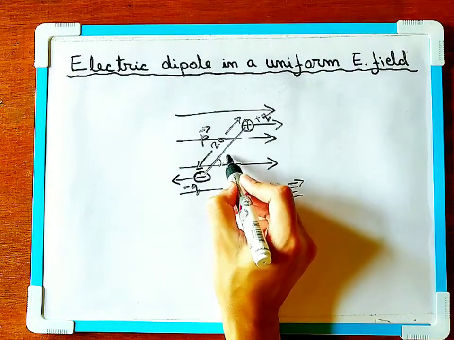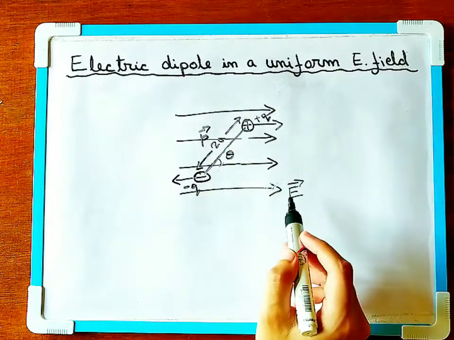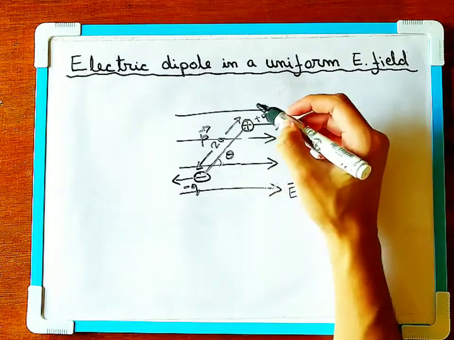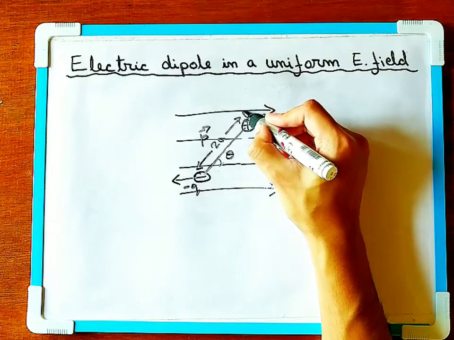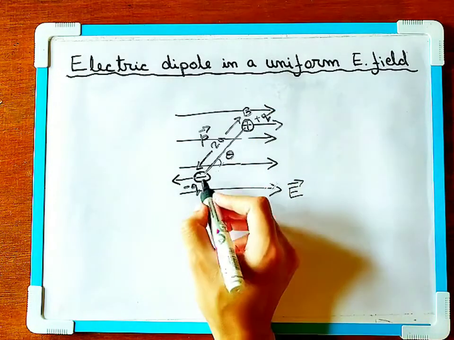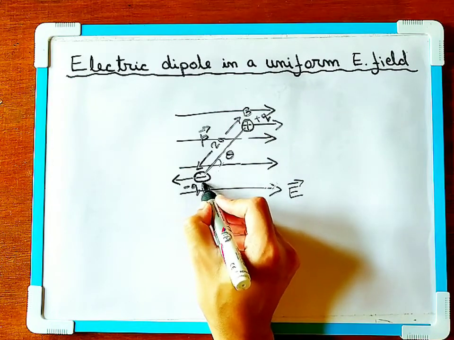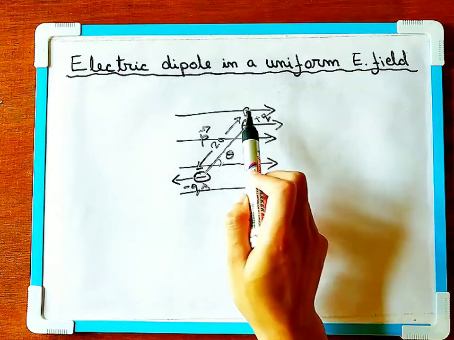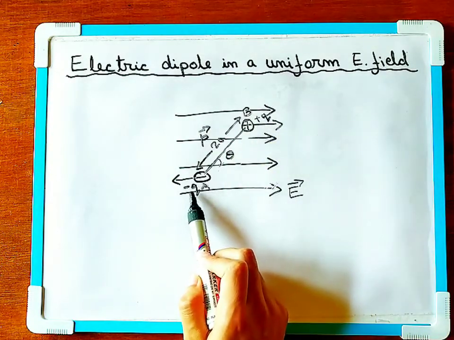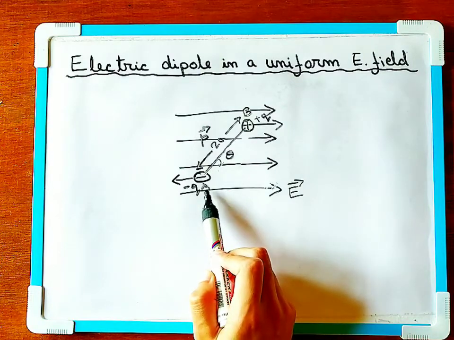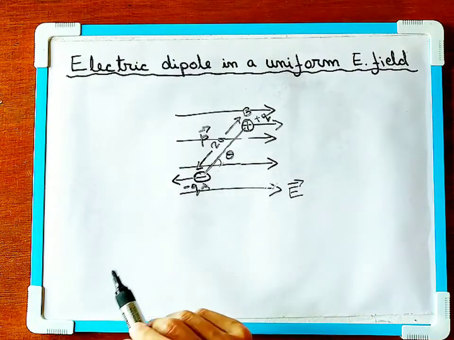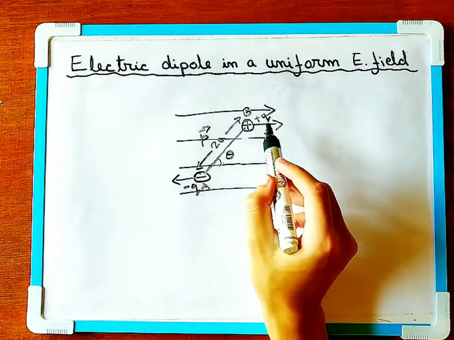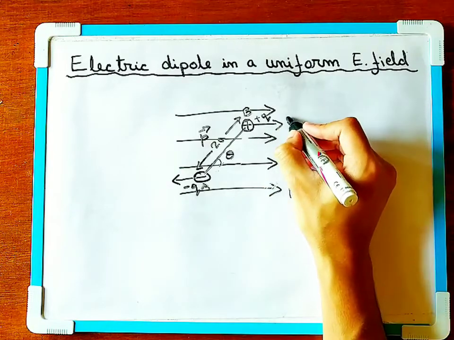Let's say this positive charge Q is placed at point B, and the negative charge minus Q is placed at point A.